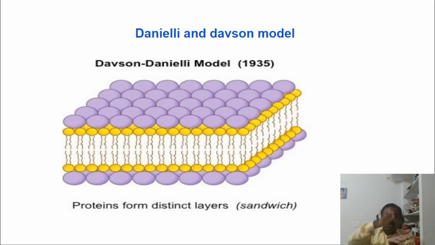In the same manner, this protein layer and this protein layer are linked with one fat layer. For example, this is a protein layer and this is a protein layer, and this white one is the fat layer. So these two layers are sandwiched with this fat layer, so it is also called the sandwich model.